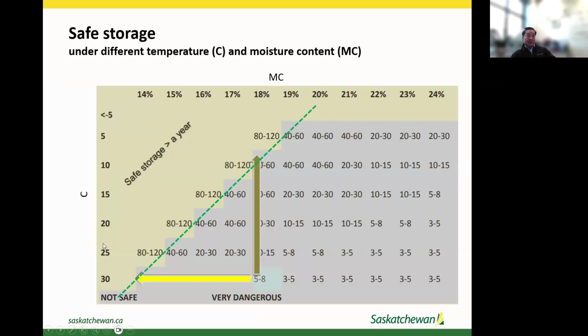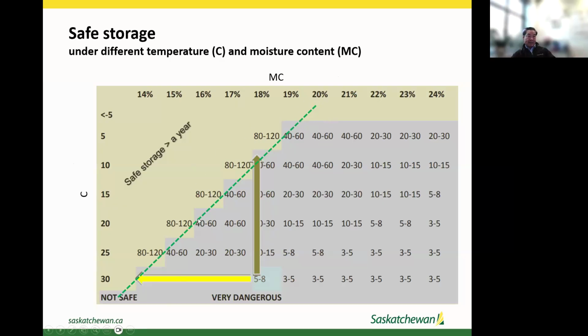And the safe storage conditions will change with the grain moisture content and the temperature. In general, we all know this as a fact: as the grain moisture decreases, the grain can be stored safely for a longer period of time, and also with the temperature. So this diagram would read like this.